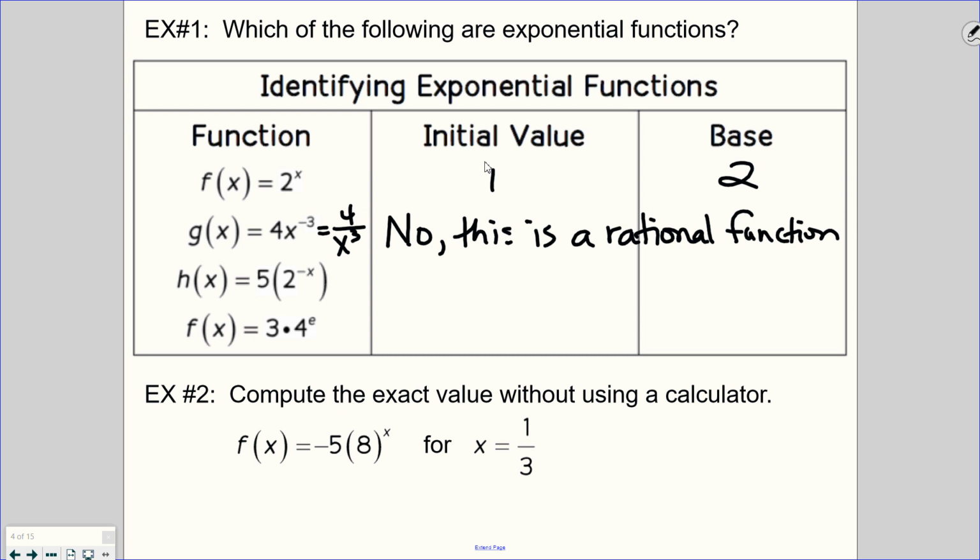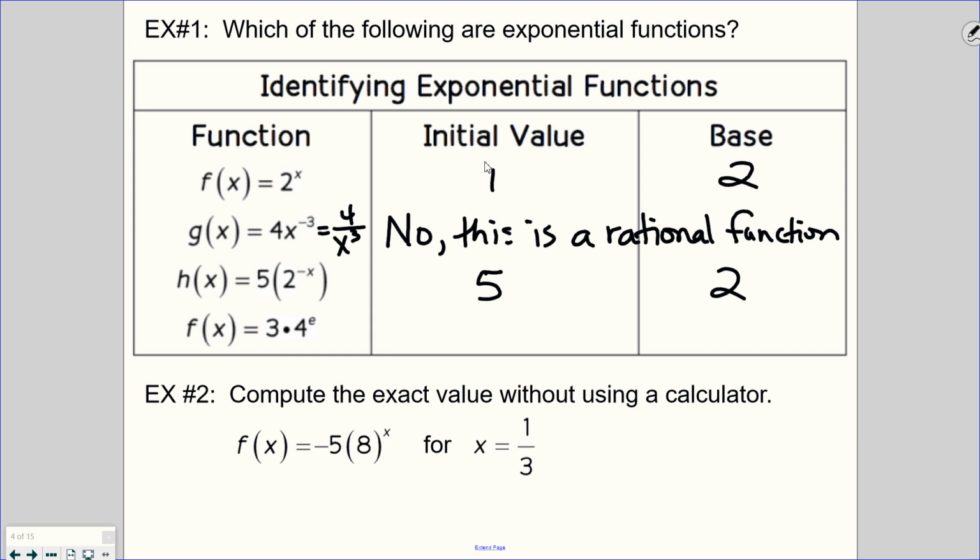And then on the next one, h of x, this is an exponential, and you have an initial value of 5, and then your base is 2. You just happen to have a minus x for the exponent, which is just a transformation that I was talking about. And then 3 times 4 to the e.